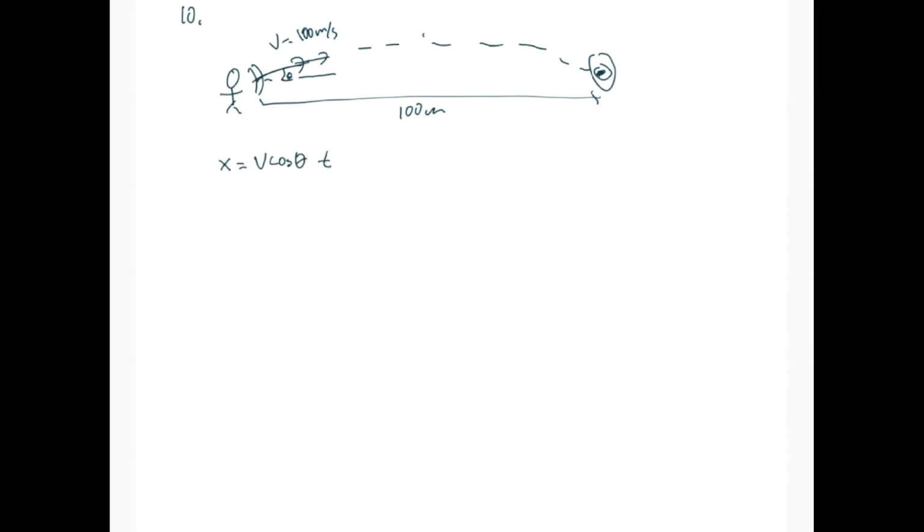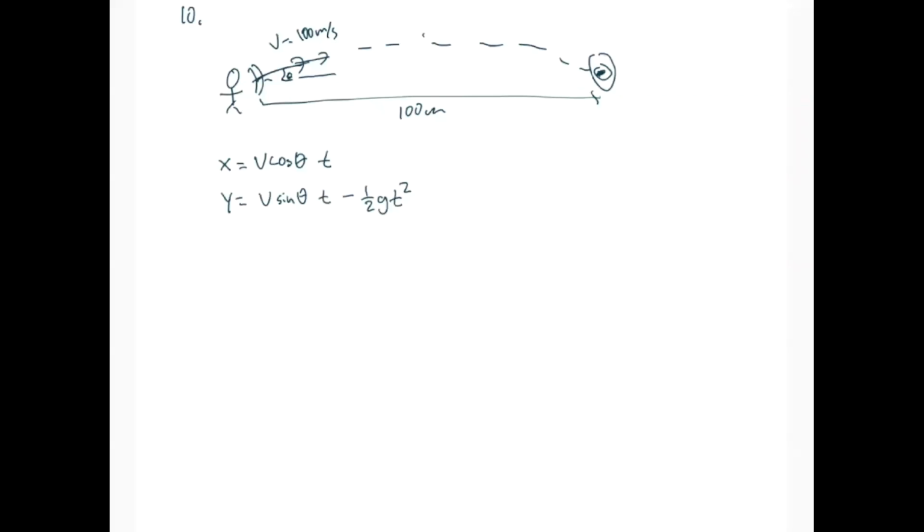So that means that the x distance traveled is just v cosine theta times the time. In the y direction, the initial velocity is v sine theta, but we also have an acceleration of g downwards. So we have to subtract 1/2 gt squared.